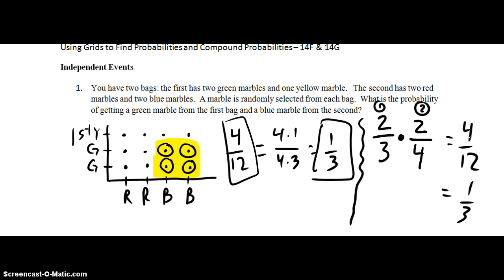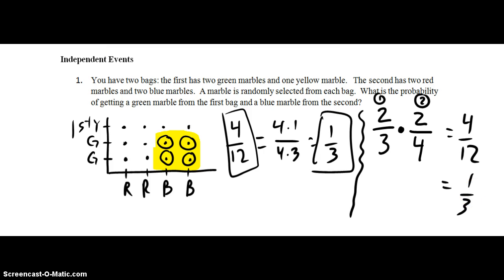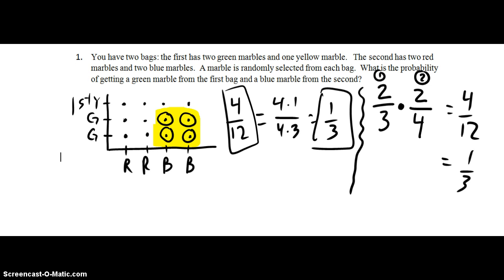Okay, so when we have 2 independent events, in other words, they don't depend on each other, the outcome of one doesn't affect the other, then you just multiply those 2 probabilities to get the final probability of both of those things happening. Alright, another way to write that, I'm just going to scroll down here a little bit. A way to write that would be, you know what, I'm going to do it over here.